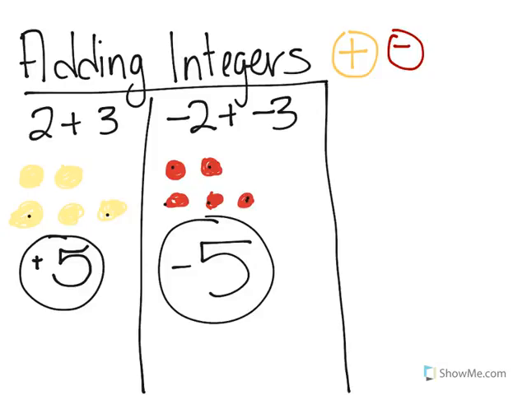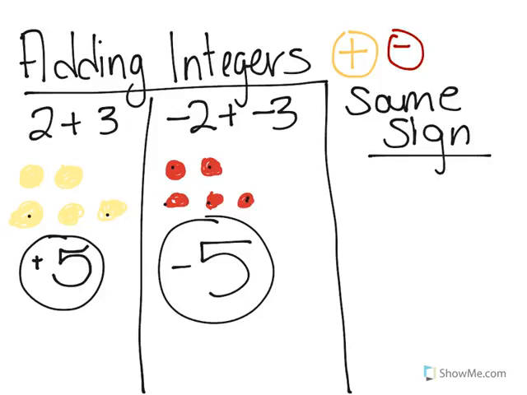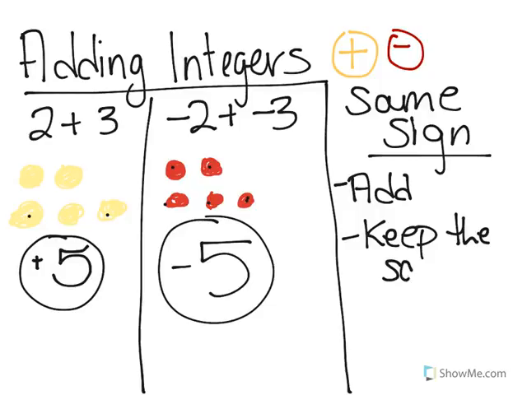What I'm noticing when I look at these models is that when I add integers that have the same sign, I am adding the numbers and I'm keeping the same sign.